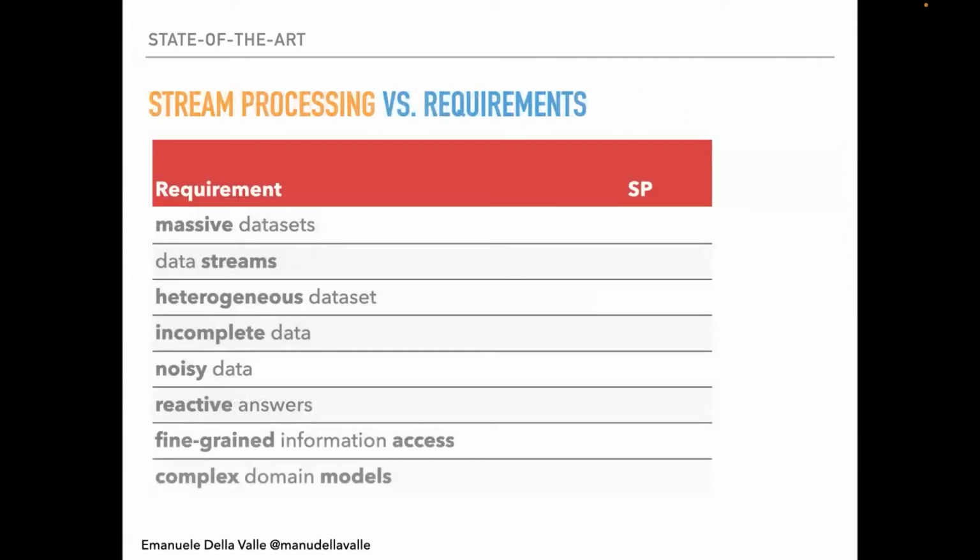Okay, so if we compare the requirements that we elicited in the analysis of different scenarios that require to tame volume, veracity, velocity, and variety, and we compare them to stream processing, what we have is the following: that indeed these systems were made to scale, so they tame massive data sets, they were built for velocity, so they work with data streams, and they normally are able to cope with noisy data to provide reactive answers that are fine-grained.